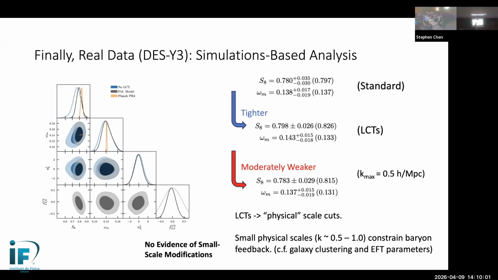And you can see that even when we cut to significantly larger scales, k of 0.5, much larger than DES ever does, we then get a somewhat lower S8. So I think there probably is something in the data, that the longer modes do have a slightly smaller clustering amplitude, but they're still consistent.